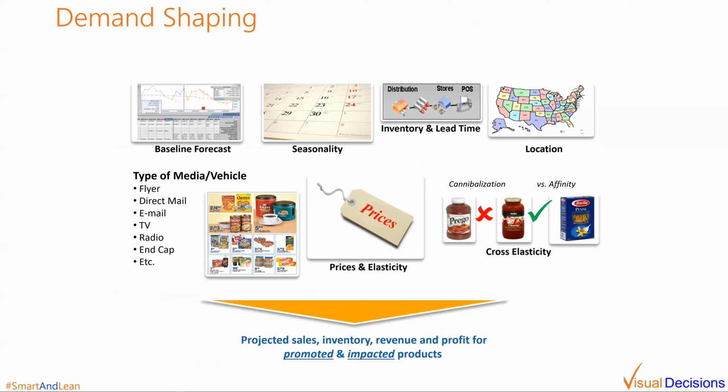Another thing that's going to help is if you can do demand shaping, and this is going to be much more realistic for some companies than others, depending on your industry. But the more that you can do to shape the demand, whether it's from price manipulation, or not manipulation, but price changes and how much elasticity you have in that, being able to run promotions, being able to put things on the end cap on the display and so forth, that's going to help you shape the demand to the things that you actually have.